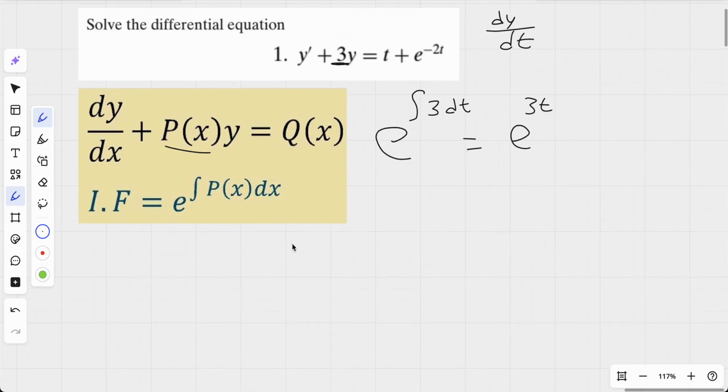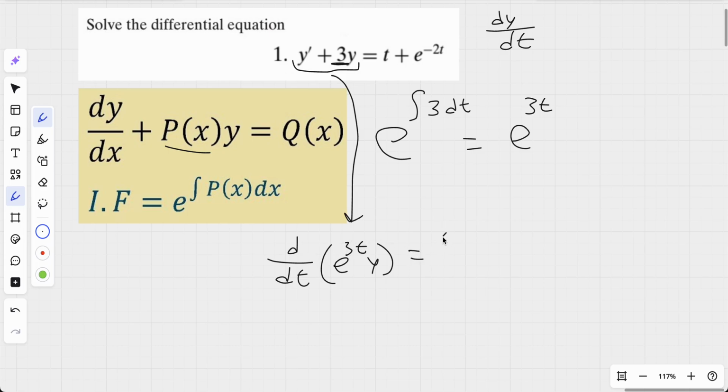Once we find that, we can rewrite the left-hand side as d by dt of e to the 3t times y. What we've done is take this side and rewrite it like this. And since we multiplied one side by that, we also have to do the same thing on the right-hand side.